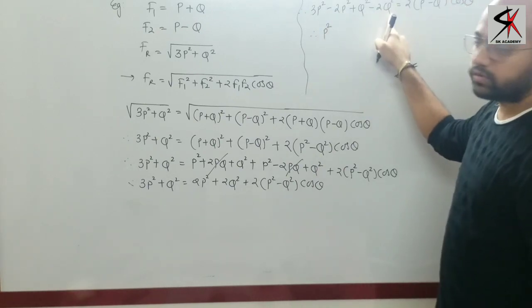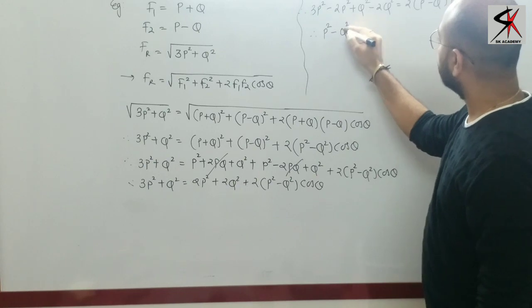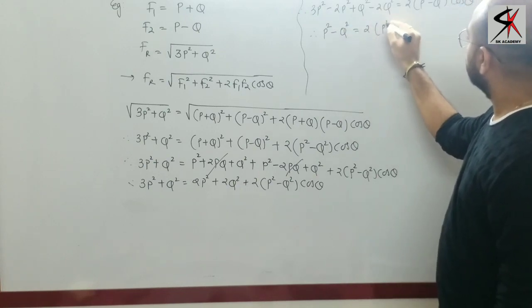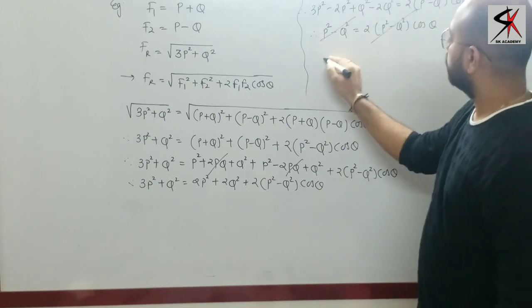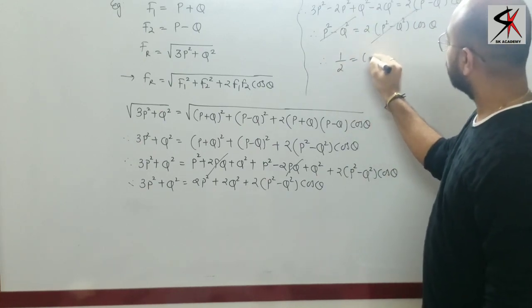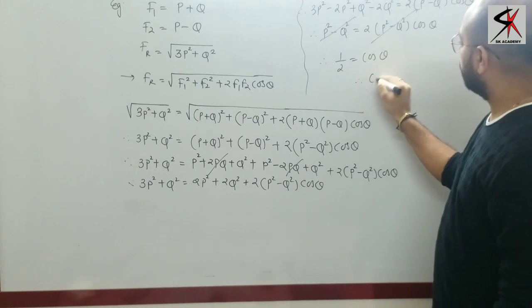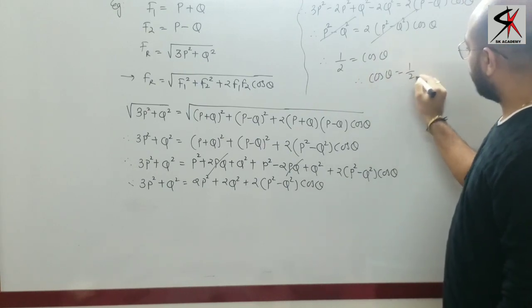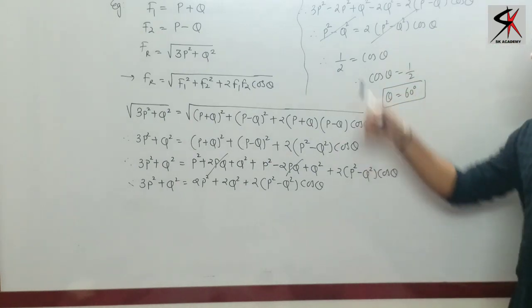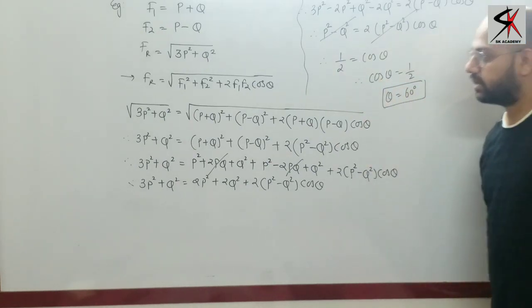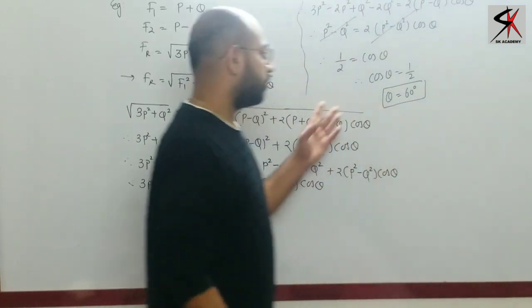Q square minus 2Q square becomes minus Q square, equals 2(P square minus Q square) cos theta. So 1/2 equals cos theta. So cos theta equals 1/2 and theta is 60 degrees. So the angle between F1 and F2 becomes 60 degrees. Okay, note it down in your notebook please.